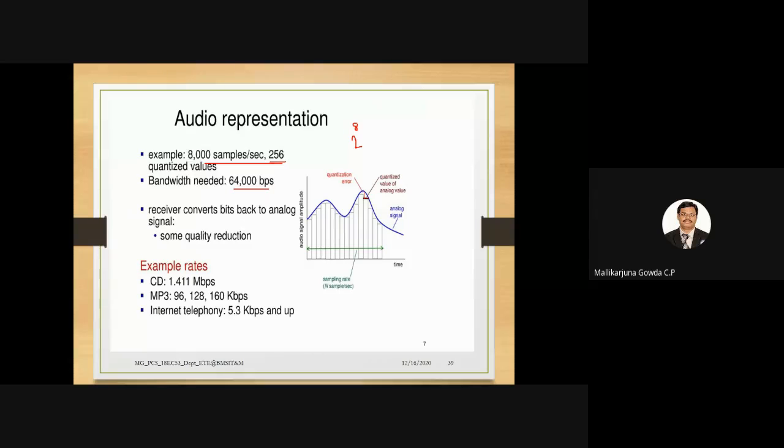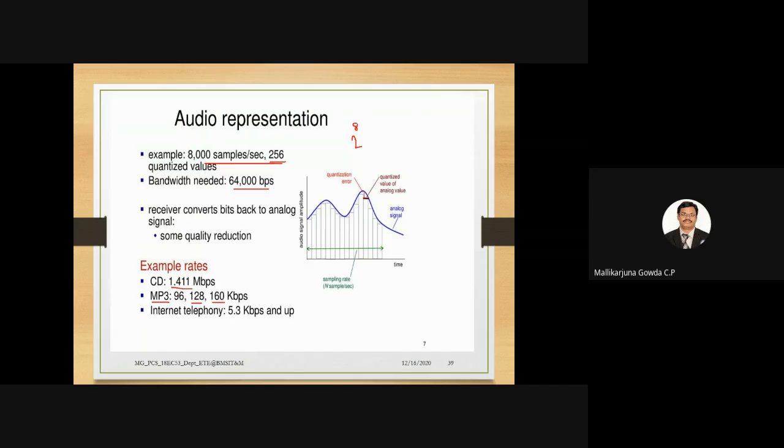Similar to that, other examples: in CD, it will be at this rate, 1.411 Mbps. And for the MP3 player, there are different rates: one is 96 kbps, another is 120 kbps, and the third is 160 kbps. So there are 3 different rates that can be achieved with the MP3 player.